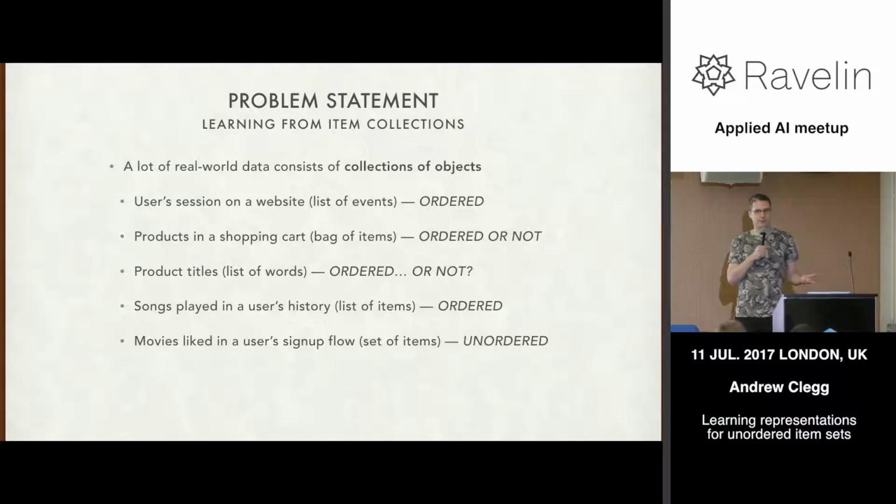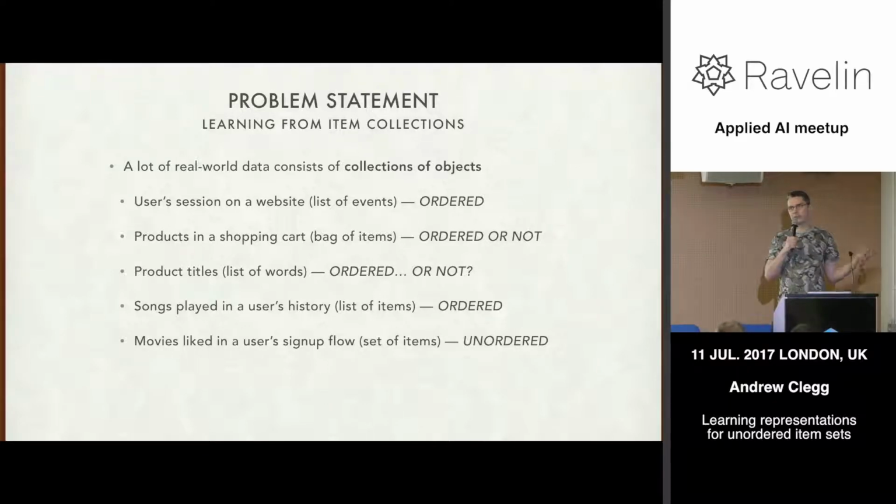Now, in other cases, that distinction isn't necessarily so clear, right? The products in a shopping cart, they could be ordered. If you're an e-commerce site and you know what order they traversed the site and what order they clicked add to cart, there might be some information there. If you're a bricks and mortar retailer, rather, you're looking at data gathered from loyalty cards, Nectar cards, or something like that.